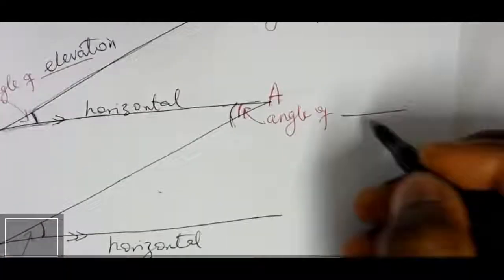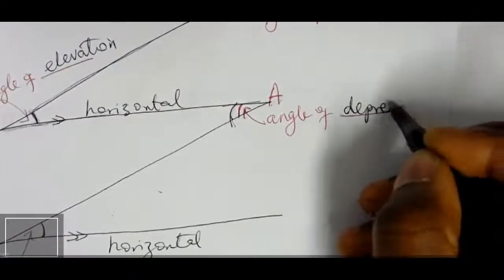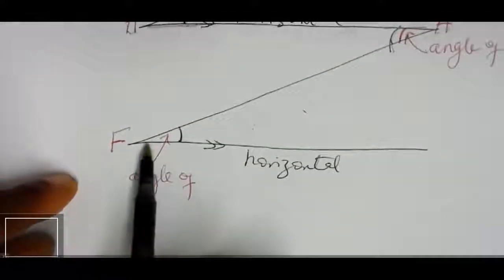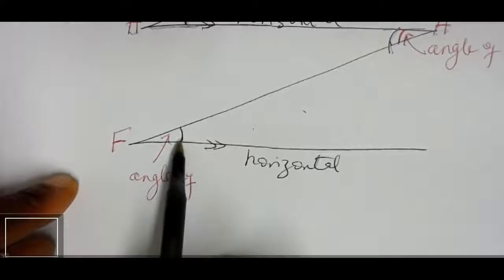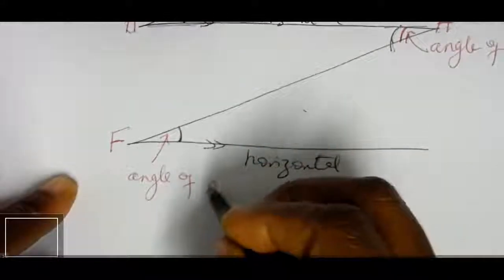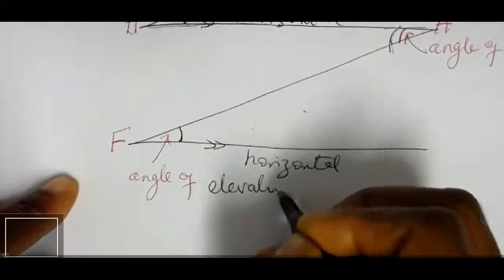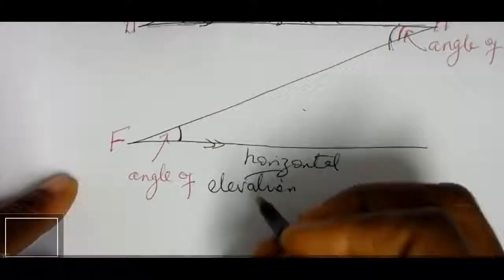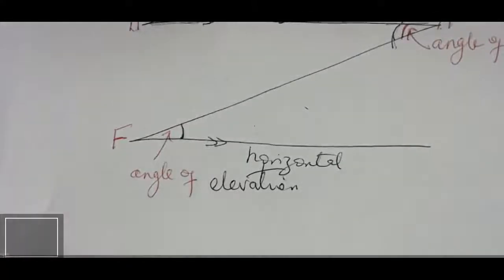So it's the angle of depression. And this, horizontal line going up to touch the line, is going to be angle of elevation. Okay, so let's use that to answer questions. They have a good one in your book here.